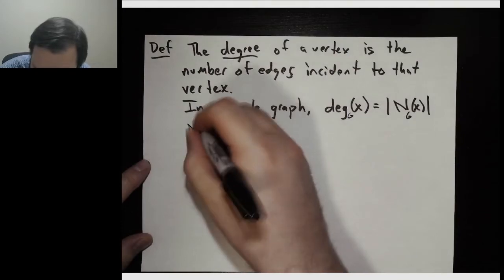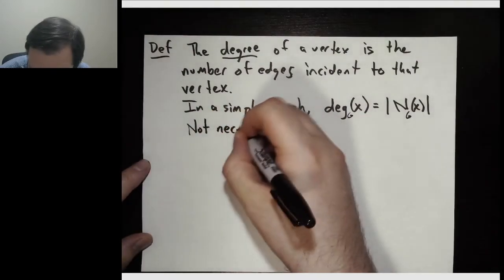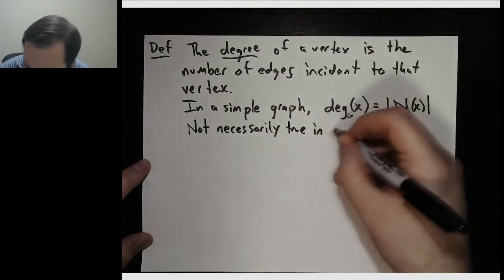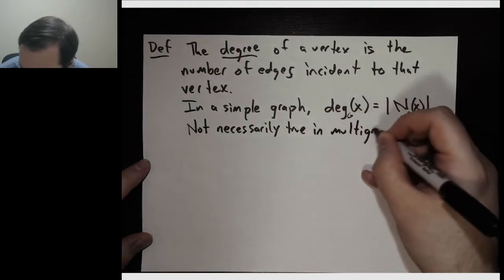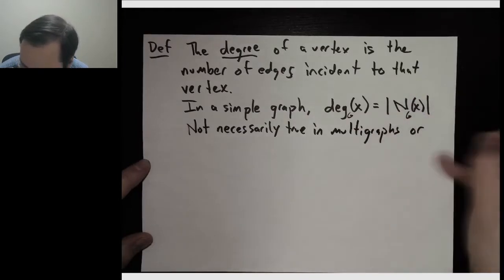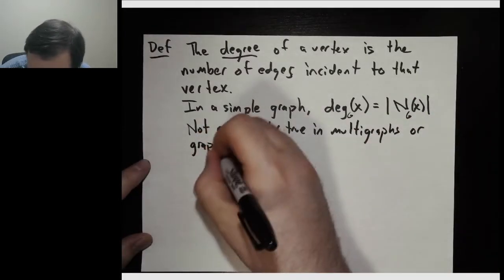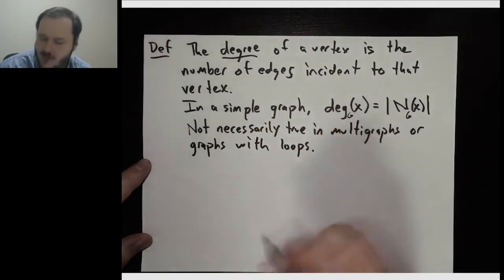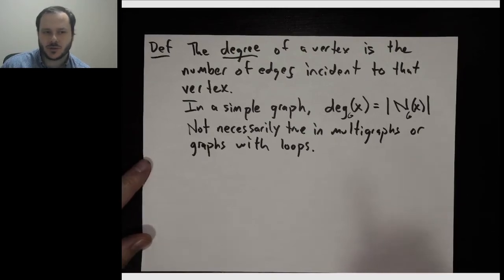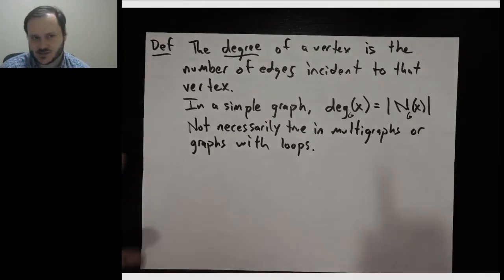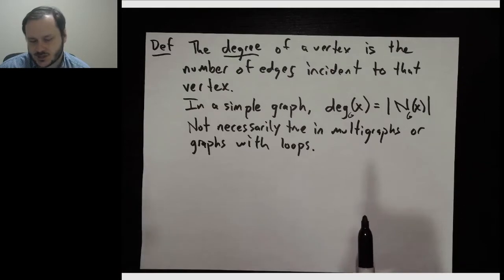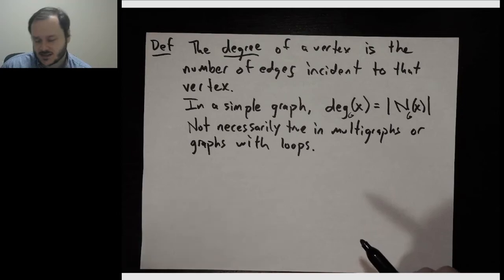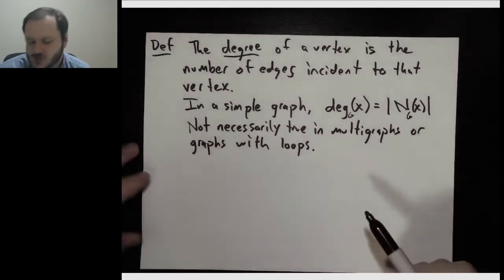So not necessarily true in multigraphs or graphs with loops. Typically, if we have a graph with loops, we would count a loop as adding 2 edges to the degree because both sides of the edge are incident. So typically loops would add 2 to the degree.